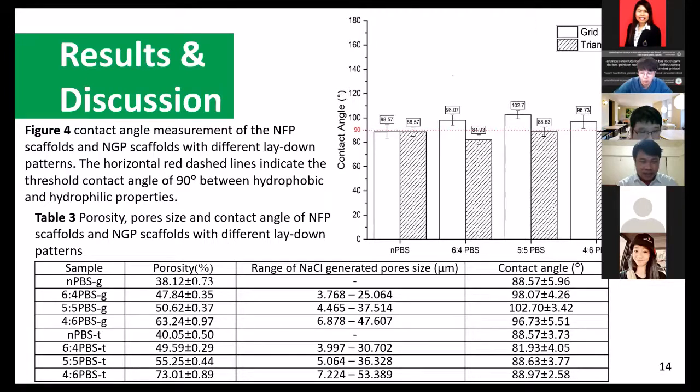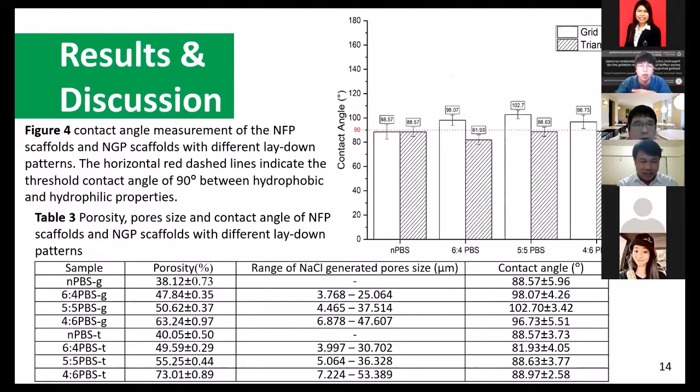And for my previous question, the difference you said in the conclusion, right? The grid pattern of the sample is more hydrophobic than the triangle pattern, right? Yes. Can you explain the reason? Okay, I will start by comparing the NFP scaffold to the NGP scaffold at first.